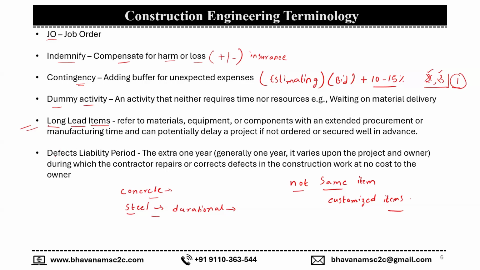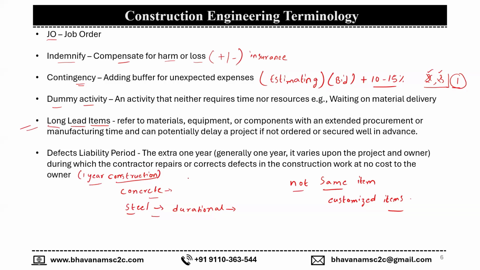Whereas coming to defects liability period, so after the completion of every activity, let's suppose a contractor completed a certain area, an ad area or a park area, within a period of 1 year of construction, and after that a contractor is liable for one more year for that particular area of work.